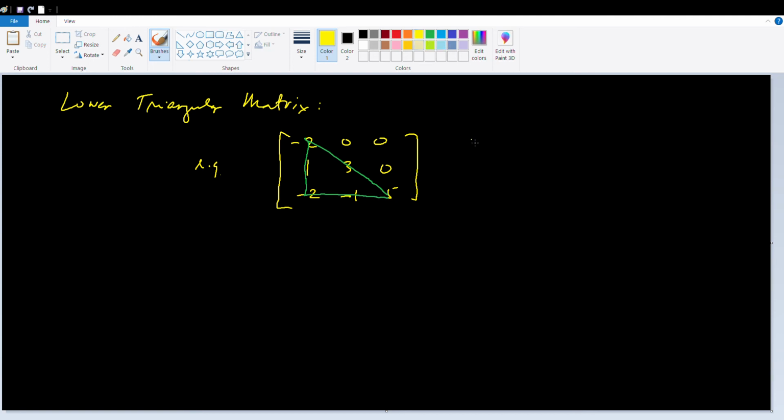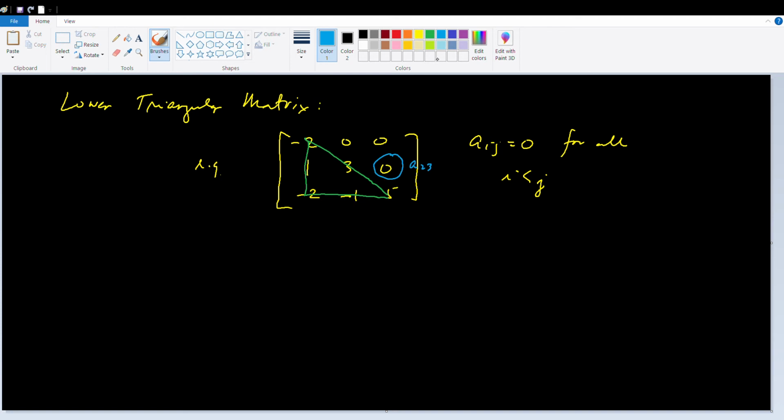And we say that Aij is equal to 0 for all i less than j. Take note of this element. This is the element A23. The row number is 2 and the column number is 3. And 2 is less than 3, and that must be equal to 0.